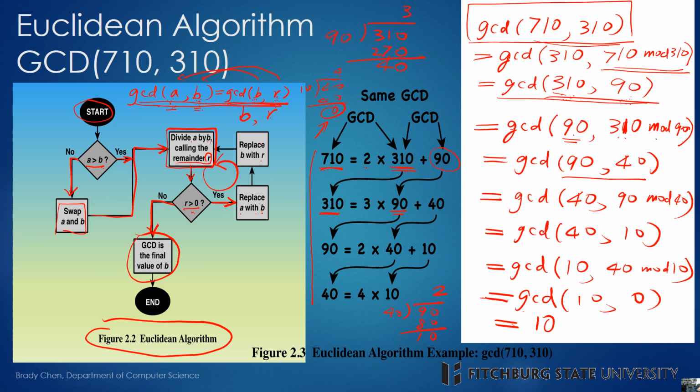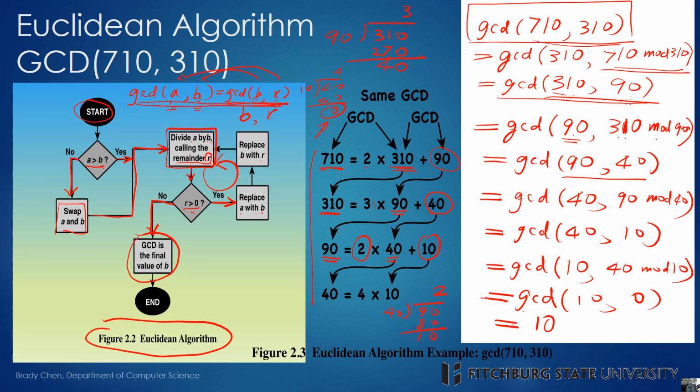Then we divide 310 by 90, we get a quotient 3 and remainder 40. Replace 310 by 90, and 90 by 40. Now we divide 90 by 40, we get a quotient 2 and remainder 10.